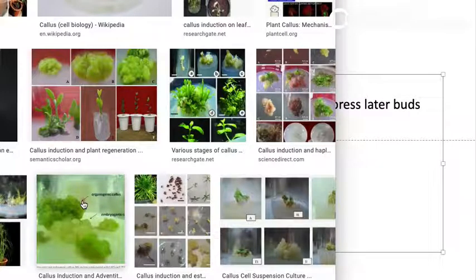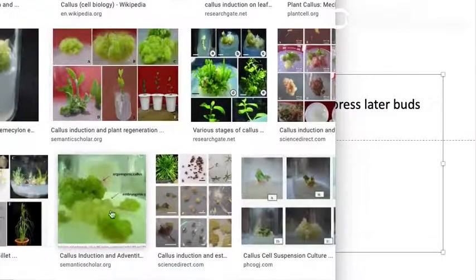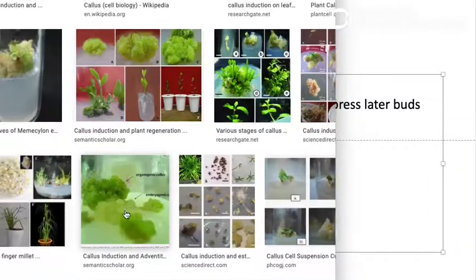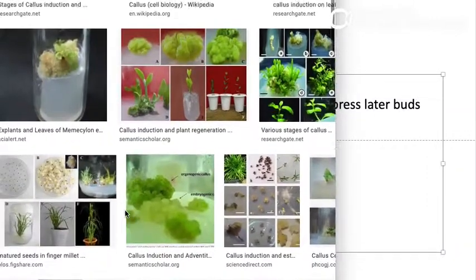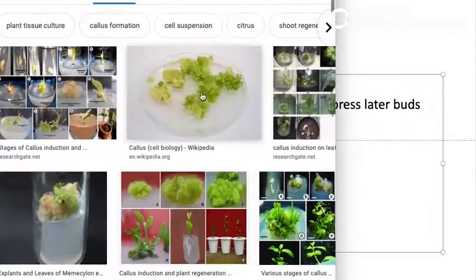If you take this mass of cells, because in tissue culture you will be studying callus formation, how does callus formation take place? Plants have this ability to form new plants even if you take just a part of the plant, and that phenomenon is called totipotency.